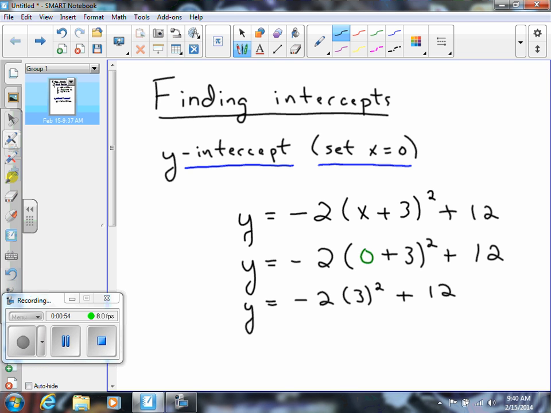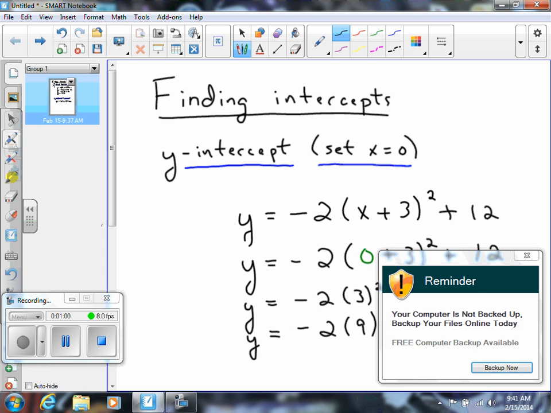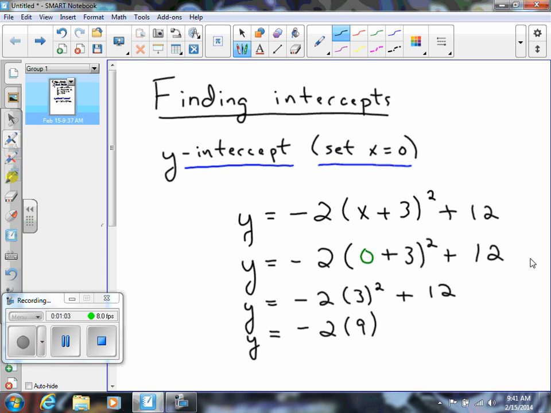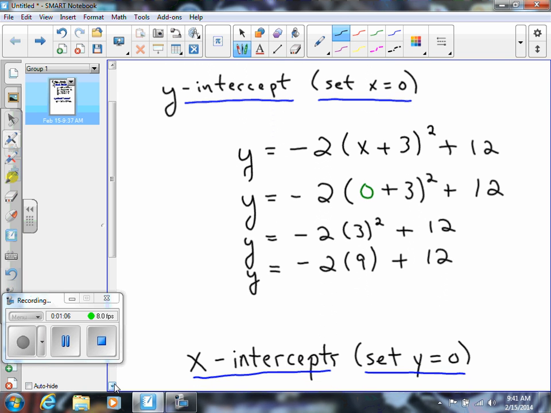We then have to square the 3 to get 9. Negative 2 times 9 is negative 18, plus 12, and we end up with our y-intercept, which is the point where this graph crosses the y-axis.